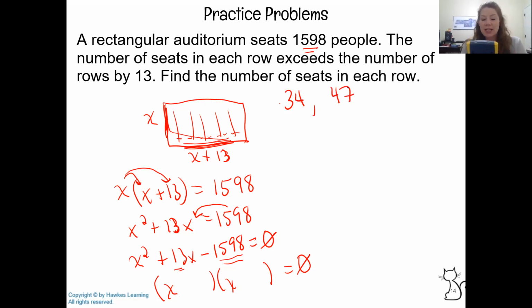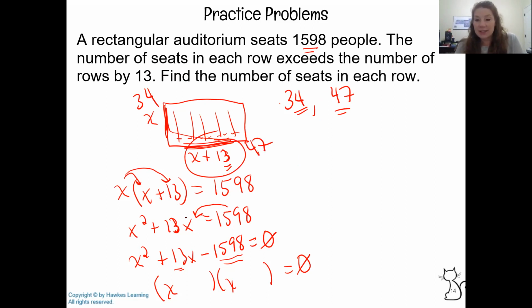So double check it. Does 47 times 34 equal 1,598? It does. And are they 13 apart? Well, 47 minus 34 is 13. So I know the two numbers have to be 34 and 47.